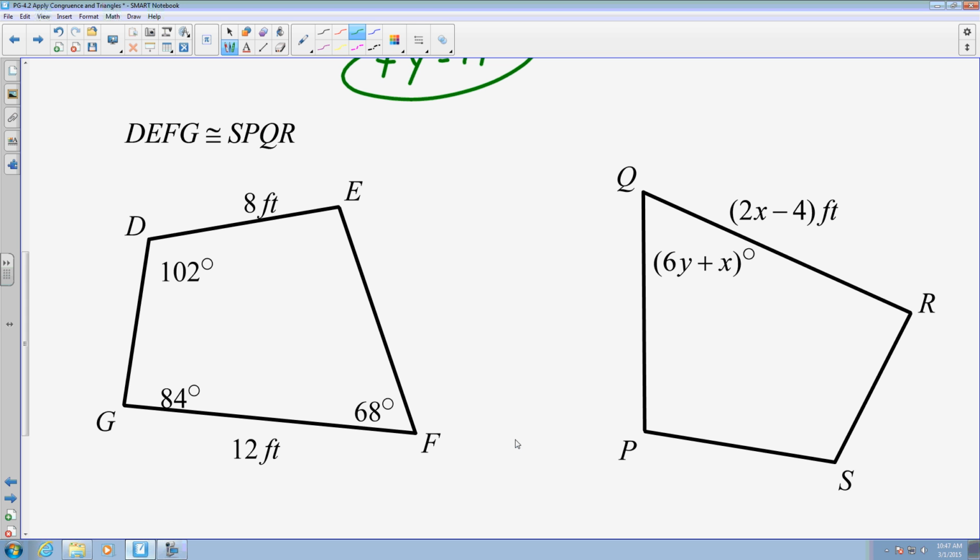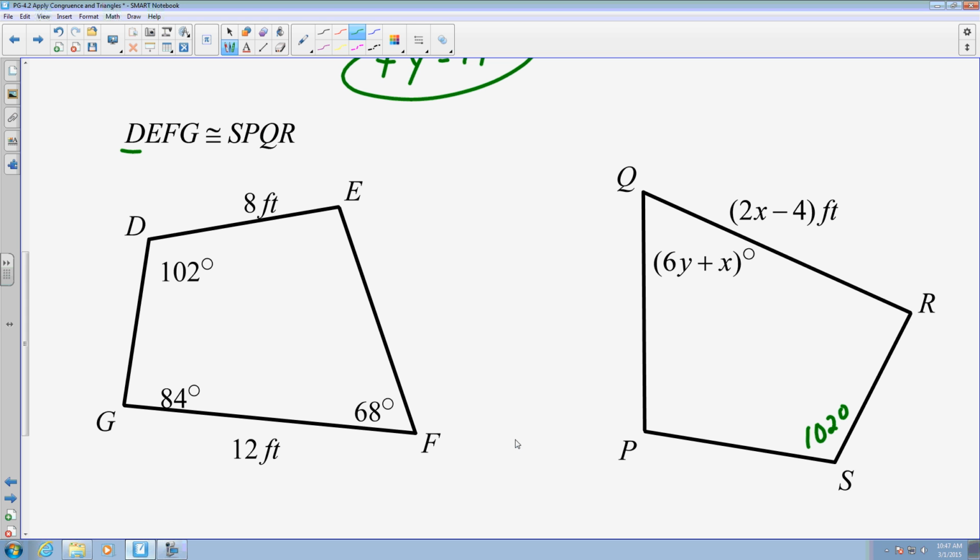And what this means is, the first thing that I look at is, if they're congruent, that means they have corresponding angles. So first off, I look at angle D. Angle D is 102 degrees. The corresponding angle to that would be S, so that means S is 102 degrees.